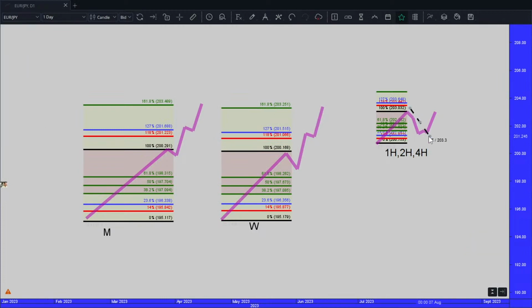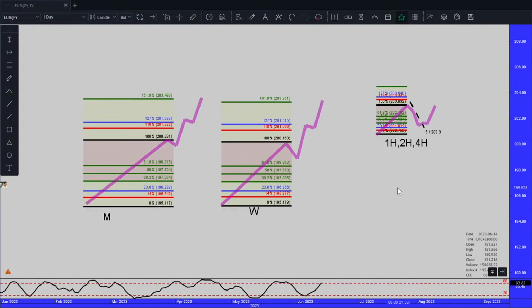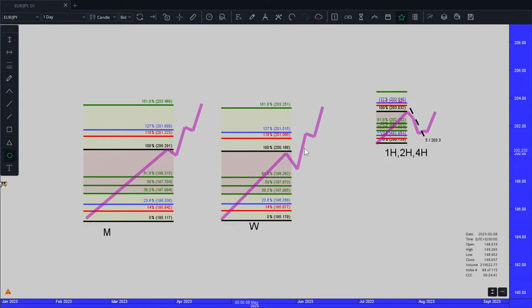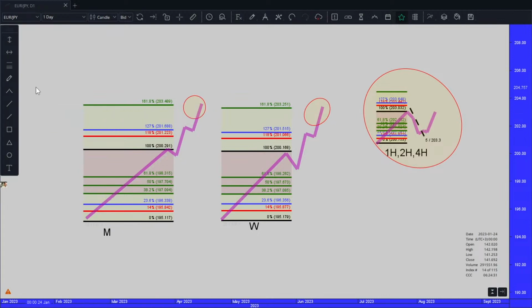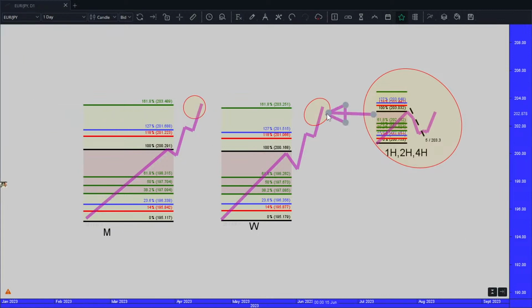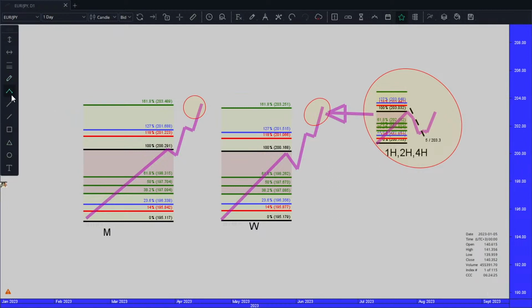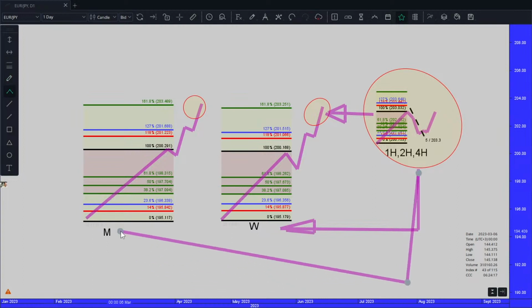You are not going to do anything wrong, you know. What happens when you are buying the 1 hour, 2 hour, 4 hour chart when the weekly and the monthly hit the extension? This circle is this circle on the weekly, and this circle is this circle on the monthly.